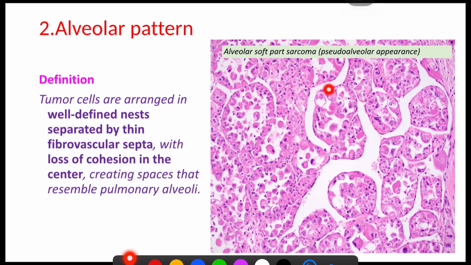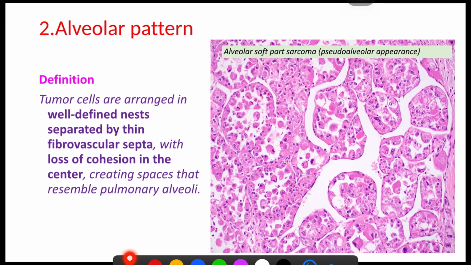So here you can see these are the nests of the cells, but you can identify the nests show discohesion in the center. Discohesion means cells are separated from one another, from the boundary of the nest, right?